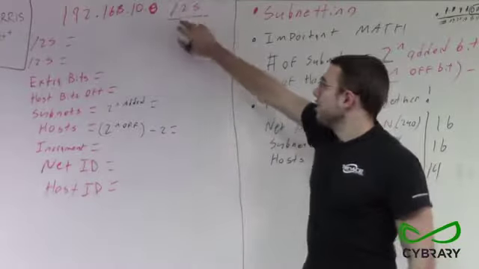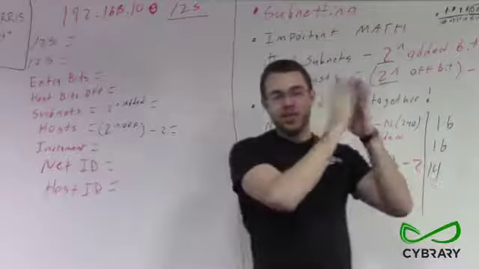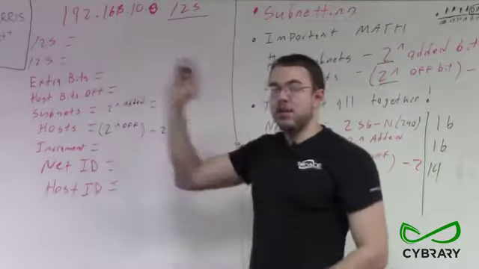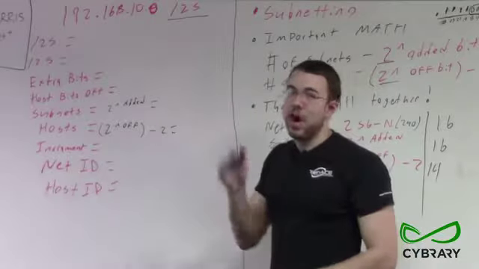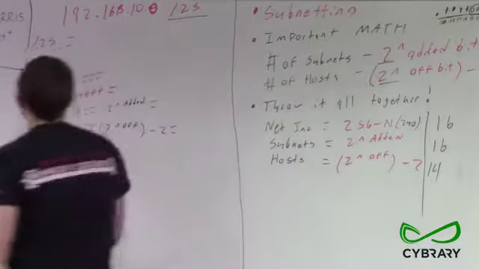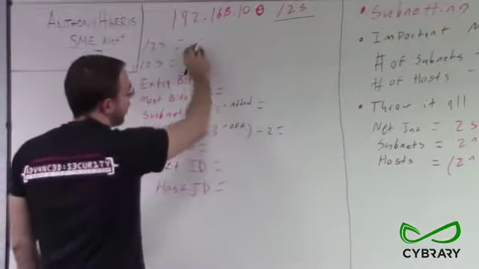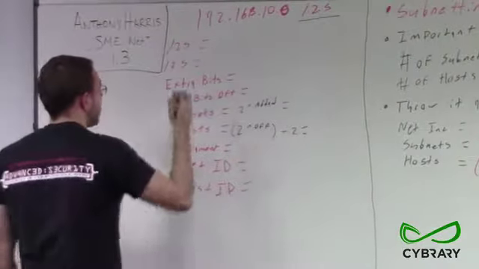So our /25 means that going left to right, we add in 25 ones into the octets and separate them into octets. So my ones are probably going to be pretty small and might run off into our next section, but that's okay.